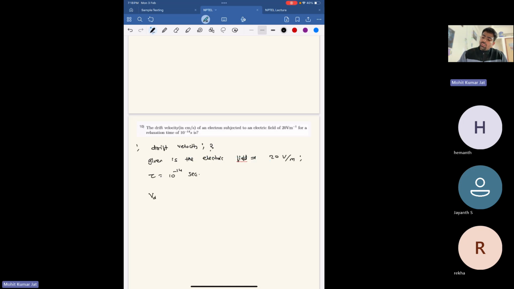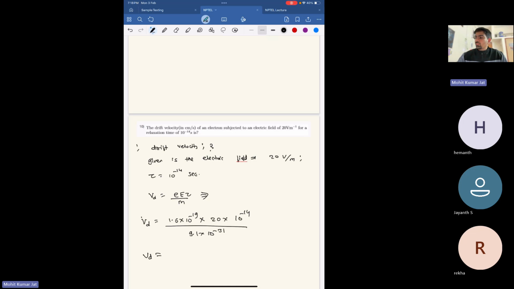We all know that Vd is nothing but E tau by m. So E we all know is electronic charge, so I will write 1.6 into 10 power minus 19 times 20 times tau, which is 10 power minus 14, divided by 9.1 times 10 power minus 31.